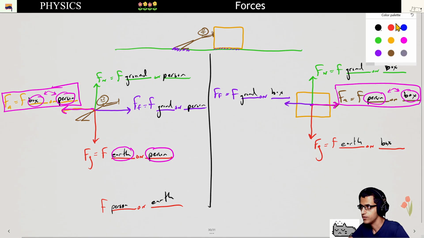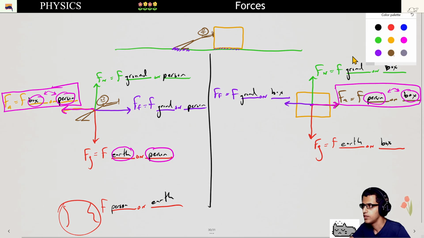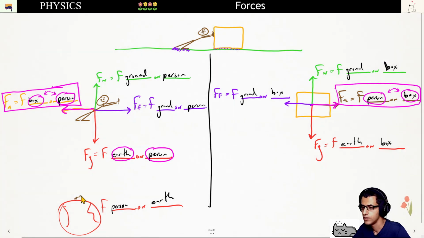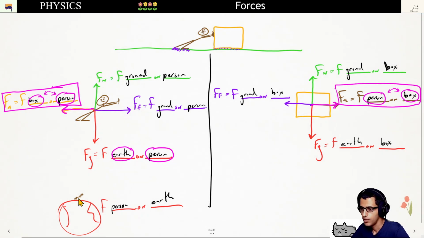So if we zoom out and draw the Earth down here, and that person is sitting on the Earth up here, we know that the Earth is pulling down on this person, and so that person is also pulling up on the Earth with an equal and opposite force. That seems kind of strange. How can the person be pulling up on the Earth?